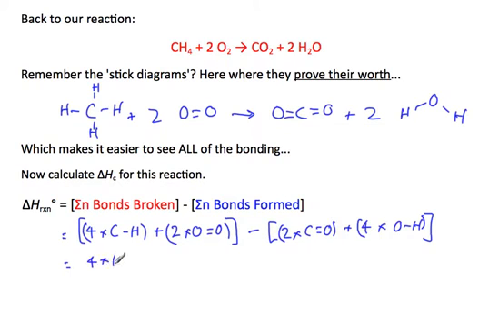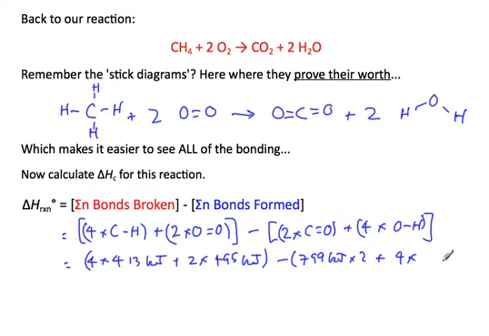So it's going to be 4 times 413 kilojoules plus 2 times oxygen double bond, which has a bond energy of 495 kilojoules, minus 2 times carbon oxygen double bond in CO2, which is 799, and 4 times our OH bond, which has a bond energy of 497 kilojoules.